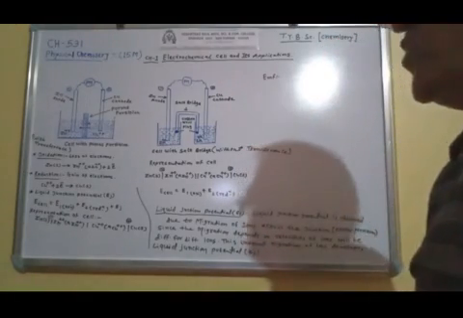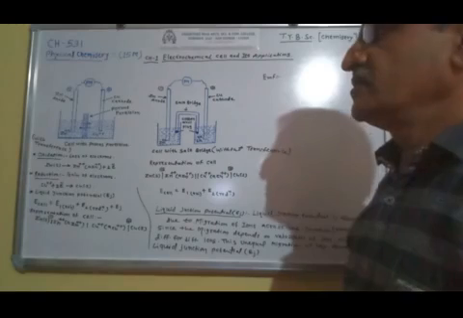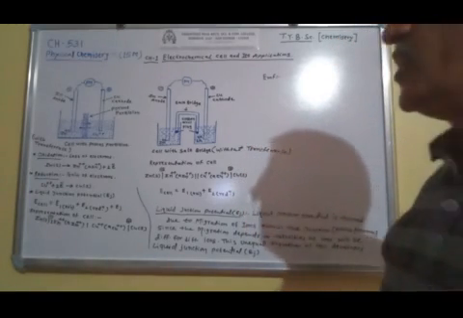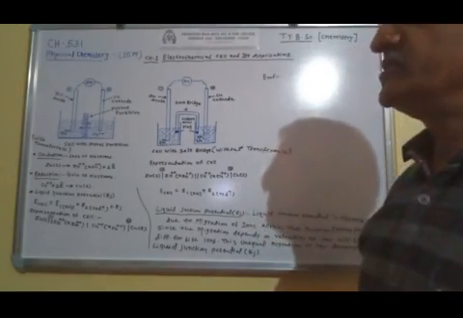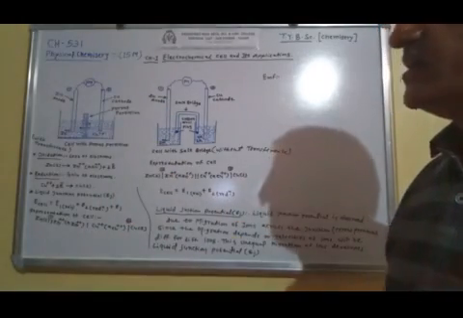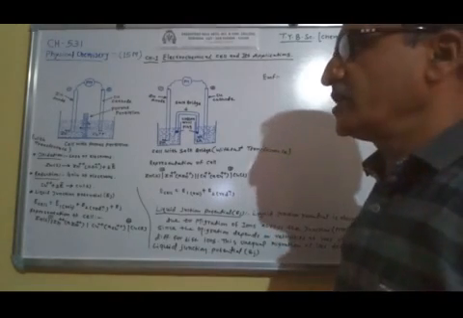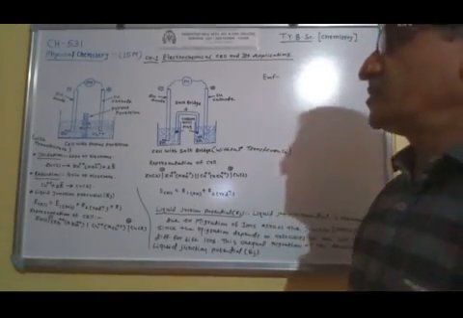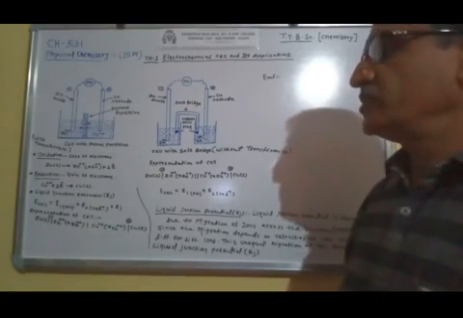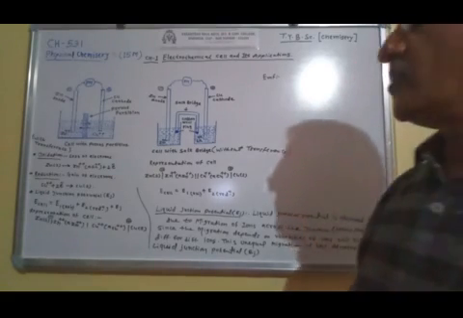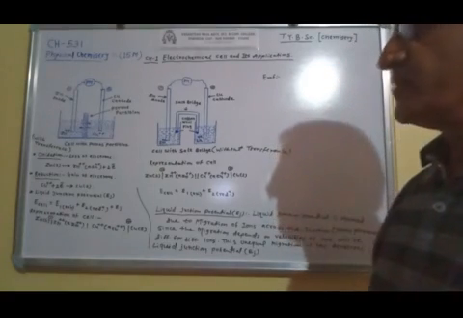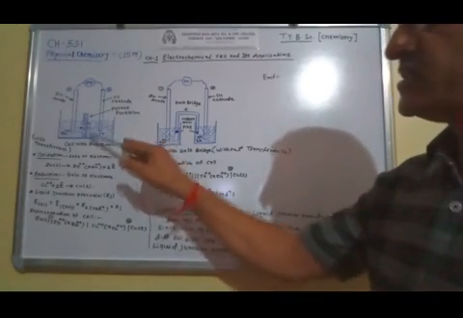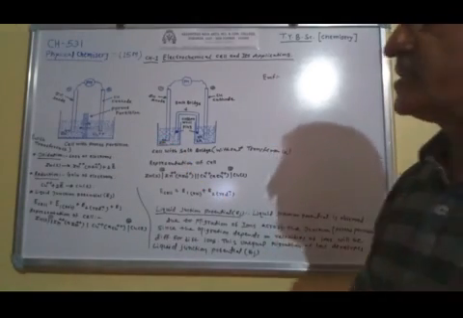A cell is a combination of two half cells or electrodes, in which one electrode is made up of zinc, which is dipped into its own ion solution, that is Zn+2 ion solution, and another electrode is of copper, which is dipped into the solution of copper plus ions. In this cell there is a porous partition between these, a liquid contact.